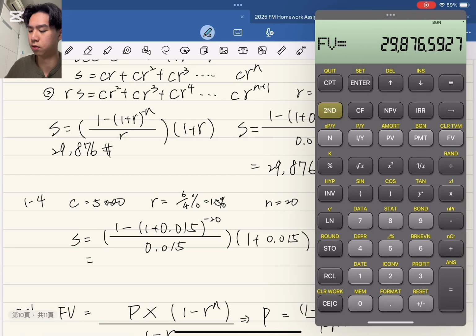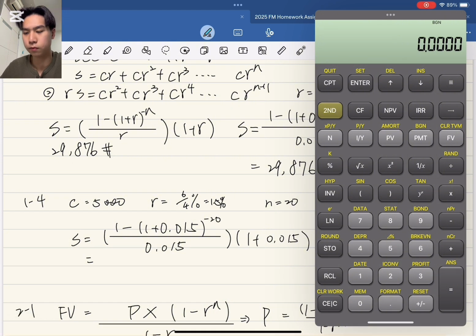We use the financial calculator. First, 20 times, interest rate 1.5% each period, and present value is 0.